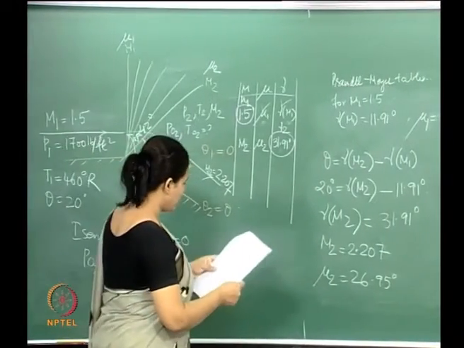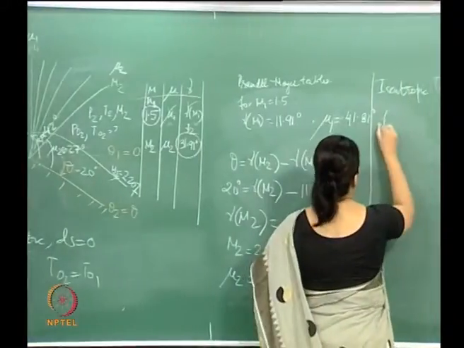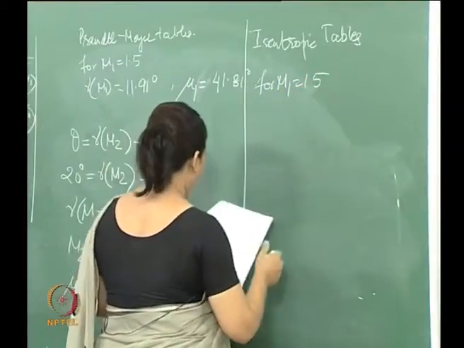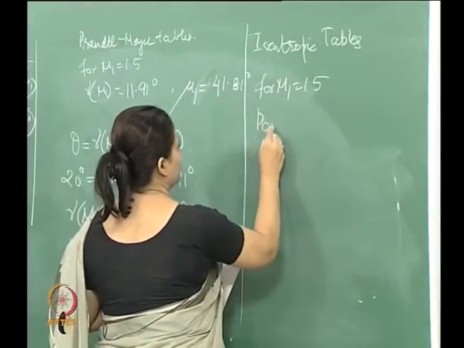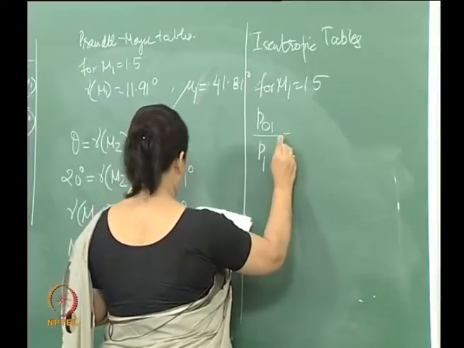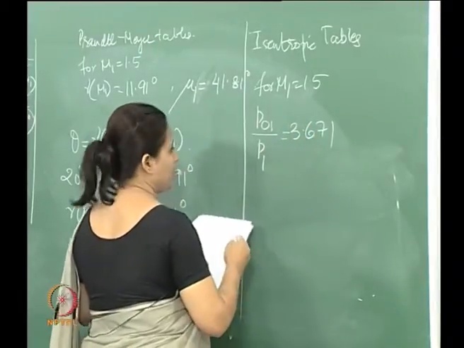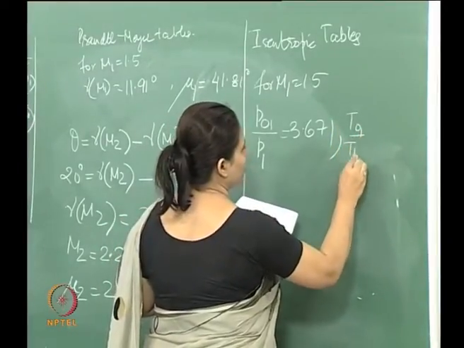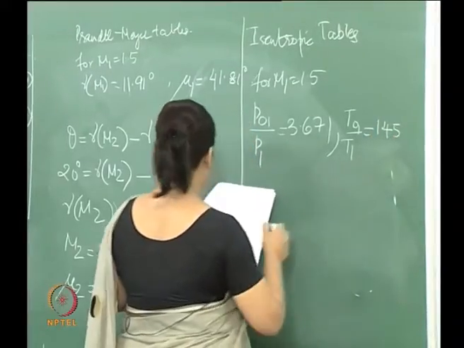So, let us go at M1. For M1 equal to 1.5, what we get is P naught 1 by P 1 around 3.7 and T naught 1 by T 1 is 1.45.